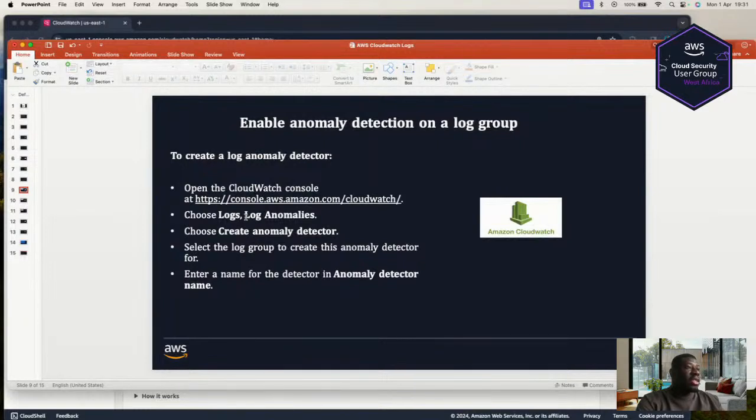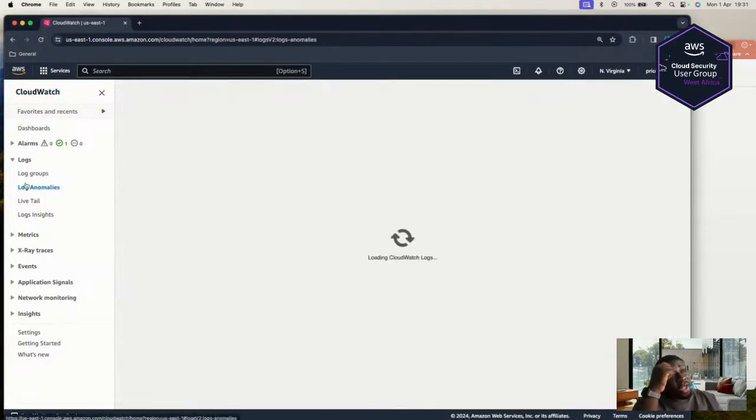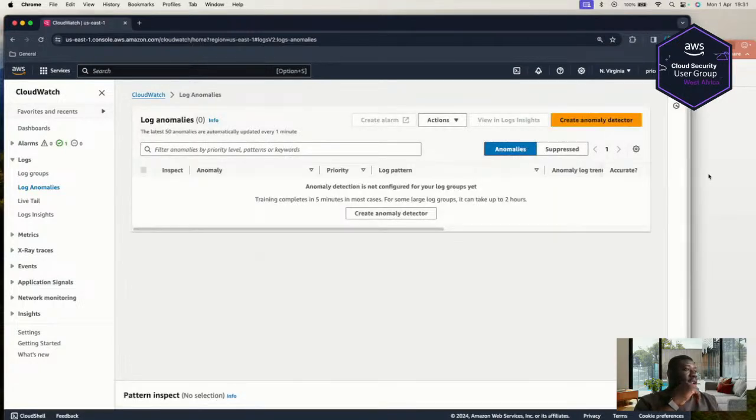Next thing it says is to choose Log Anomalies, which is here. You come over to this end, and you can see that particular feature is loading. As you can see right now, we don't have any anomalies here.